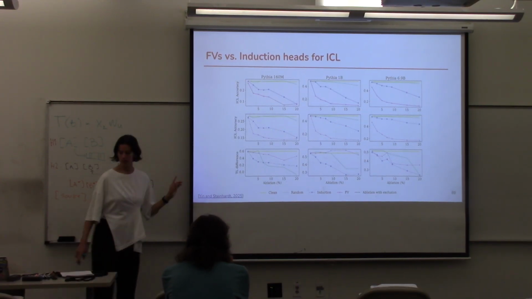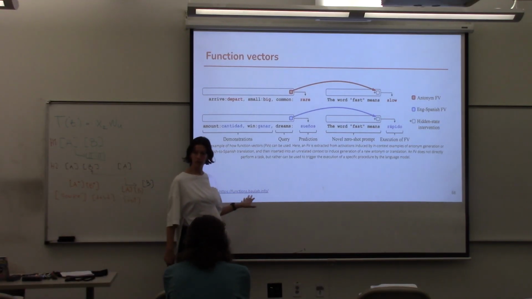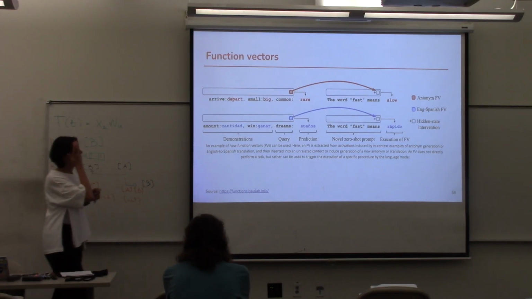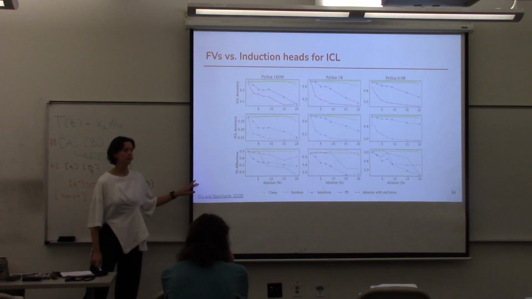So what we are going to do next, and I'll come to your question, is go over what the function vectors are, and then quickly go over some of the facts from the Hume and Steinhardt paper over here.